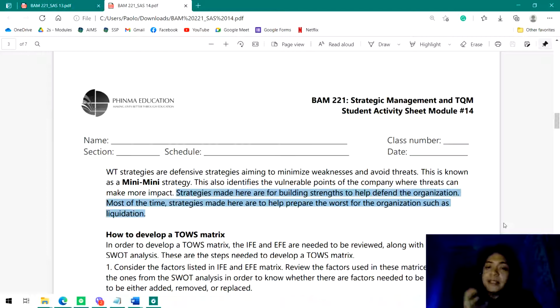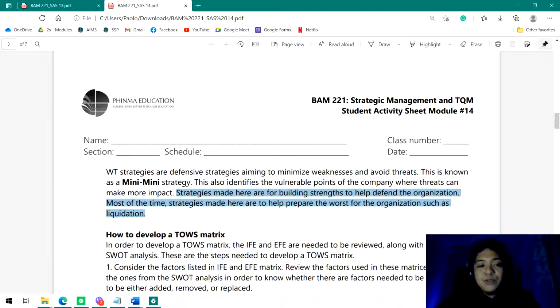So by minimizing weaknesses, di ba sabi natin kanina, if you can identify your weaknesses, you can then find ways to remedy the weakness to convert it into a strength. So kung ang strategy mo is by minimizing weaknesses, you are also building strength at the same time. And if you are building strength, you are trying to defend the organization. So defensive strategy din siya.